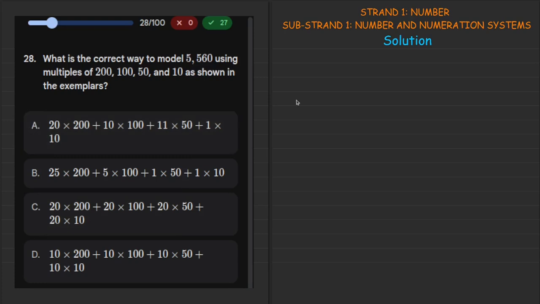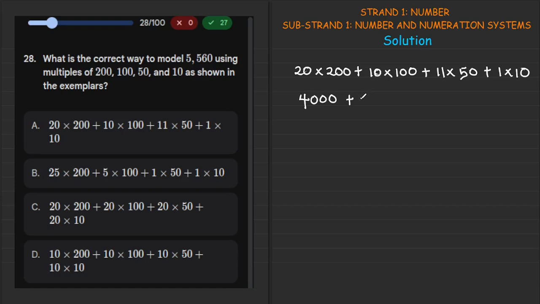So we start with the first one. We have 20 times 200, then plus 10 times 100, plus 11 times 50, and then plus 1 times 10. So 2 times 200, we have 4, and then 0, 0, 0, plus.